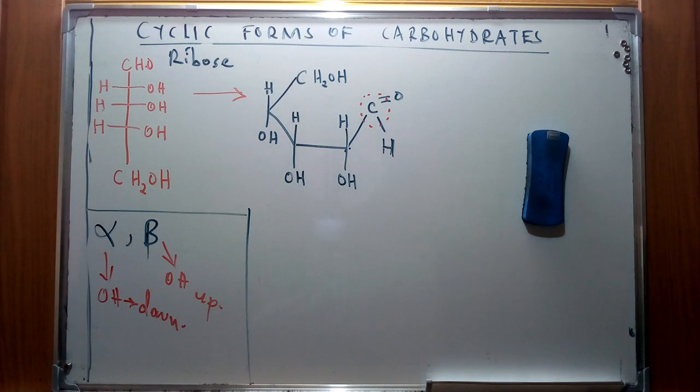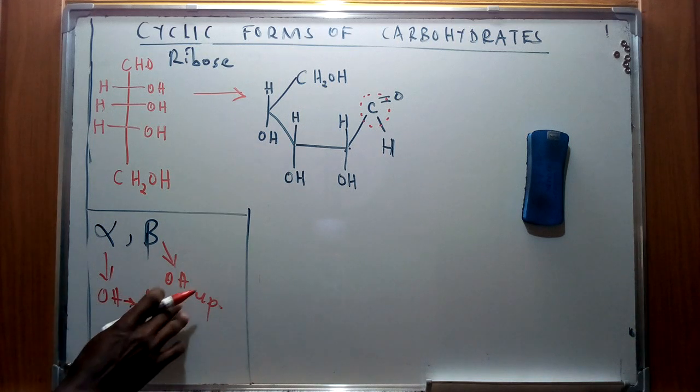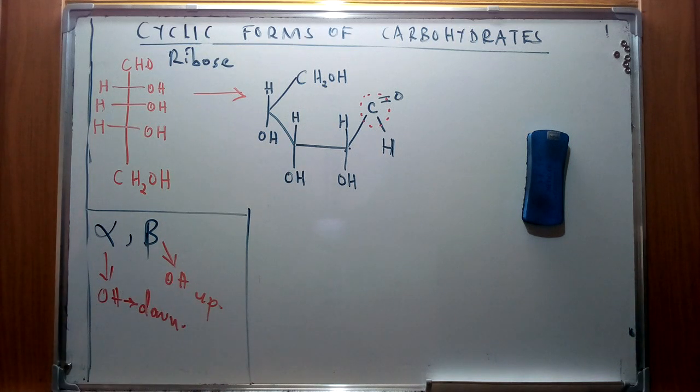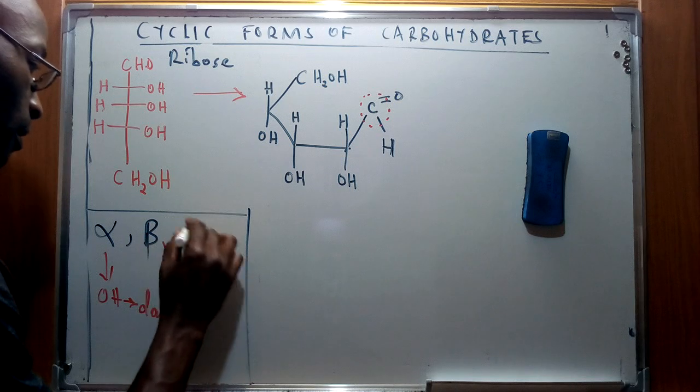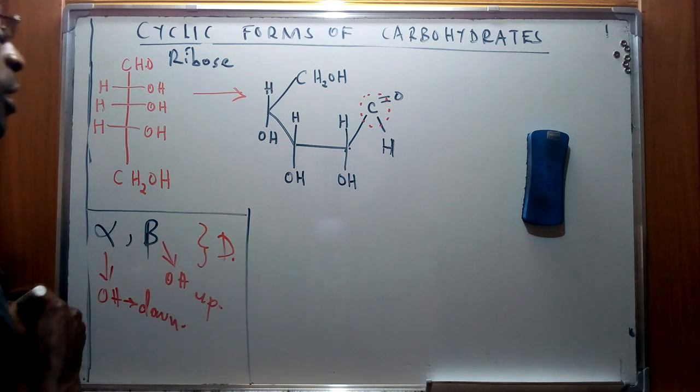Now, considering the case of the L and D series, as I have already said, we're going to see that for the L series, a molecule is going to be considered as alpha if the anomeric carbon OH group is facing down. Now, basically, this one applies to the D series, which I've mentioned.